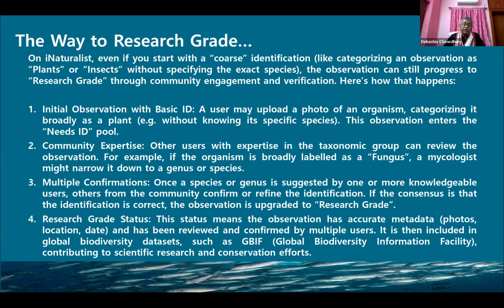Same thing is mentioned here. So after passing all those tests, the observation will move to research grade, and it will be included as valuable data in global biodiversity datasets like GBIF, etc., which in turn contributes to scientific research and conservation efforts.